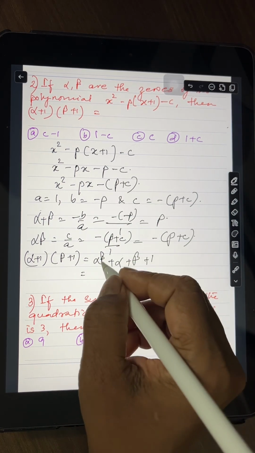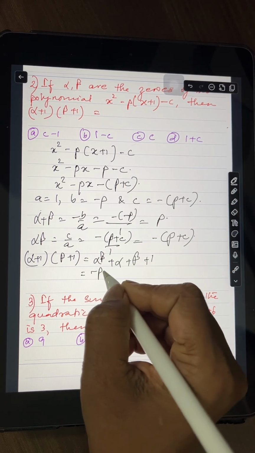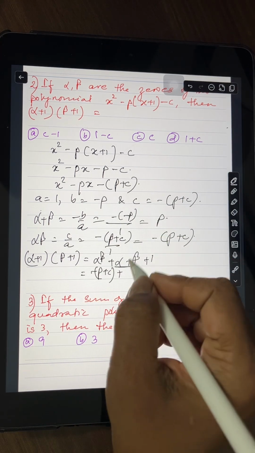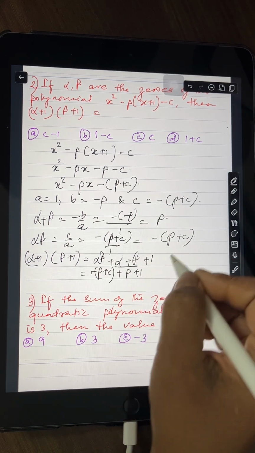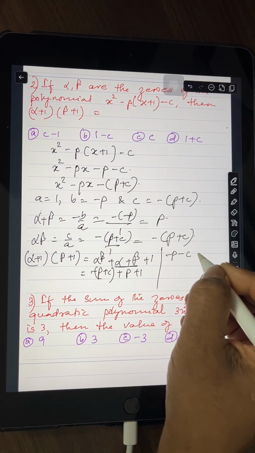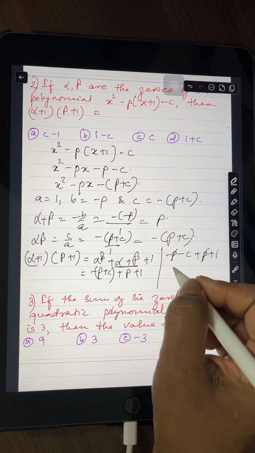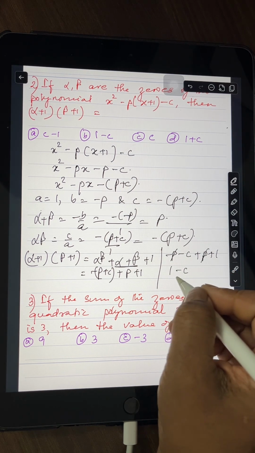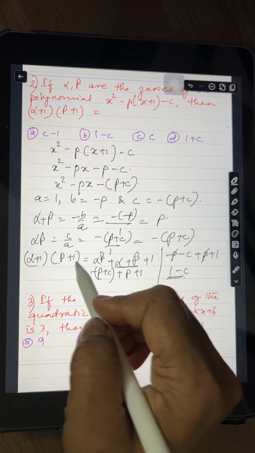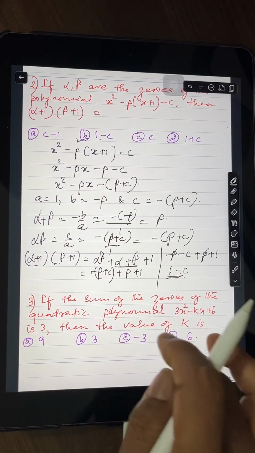What is alpha beta? Alpha beta is minus p minus c. And alpha plus beta is p, and plus 1. Now open the bracket: minus p minus c plus p plus 1. When you cancel these, what will remain? 1 minus c. So (alpha plus 1) into (beta plus 1) is 1 minus c. B is the answer.